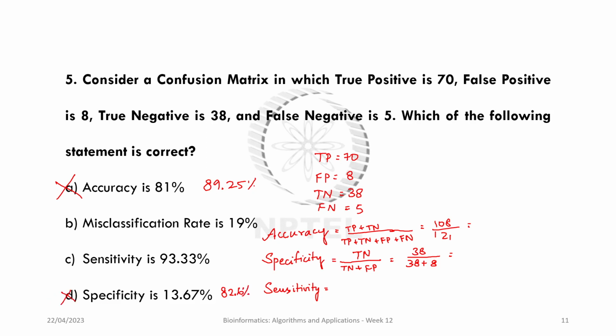So B is gone as well. What is sensitivity? True positives by true positives plus false negatives, which is 70 by 70 plus 5. 93.33.